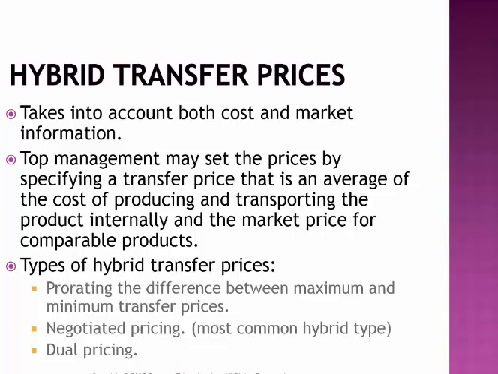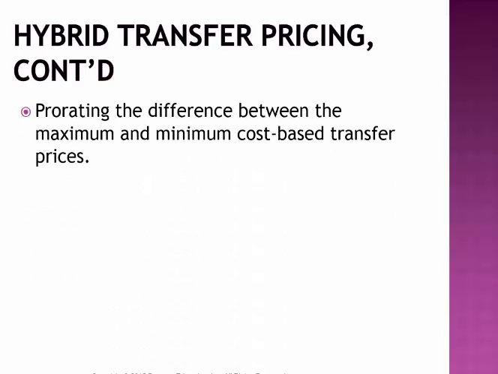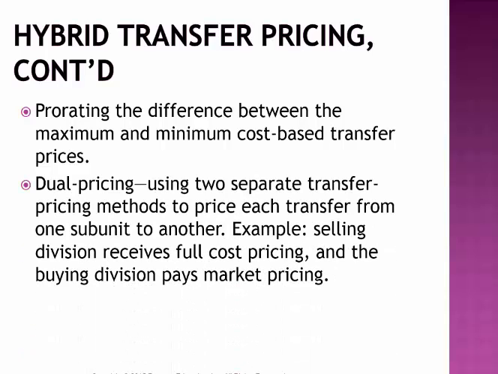So the dual pricing is what I was mentioning, where it's one of our hybrid versions. Again, one division would show one price and the other division would show another price, but corporate accounting can go in and do a journal entry. Prorating the difference between the maximum and the minimum cost-based transfer prices is possible.